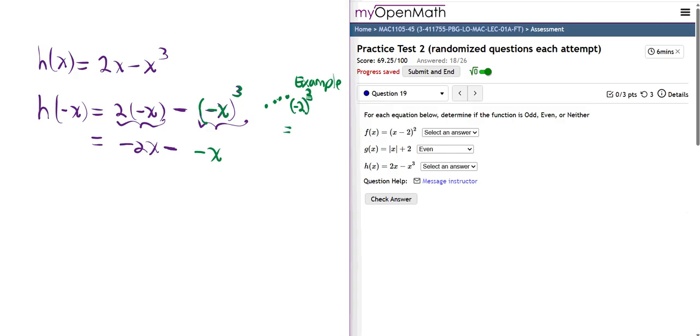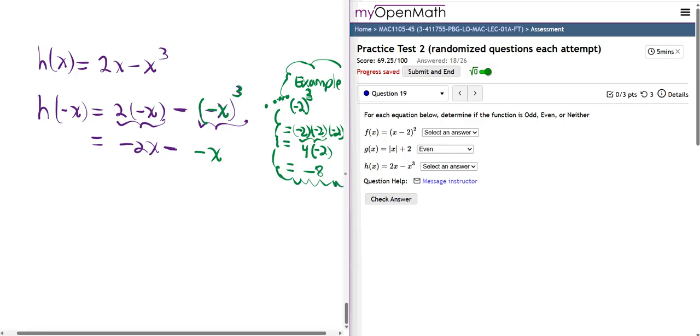You would have -2 times -2 times -2. Then -2 times -2 would become +4, but then you would have another negative. So then you would have +4 times -2 gives you -8. So whenever you're raising a negative to a power, if the power is odd, you know you're going to end up with a negative result.